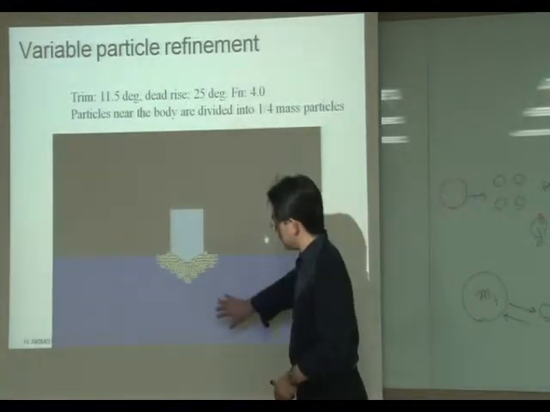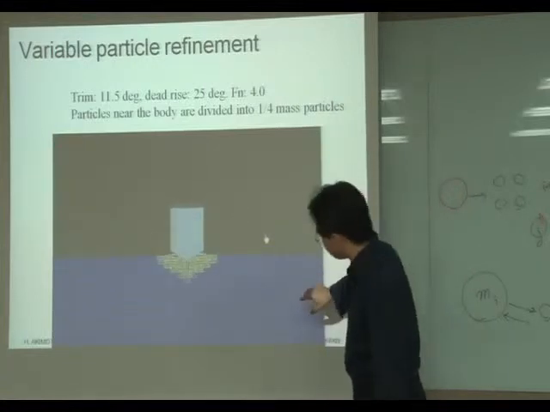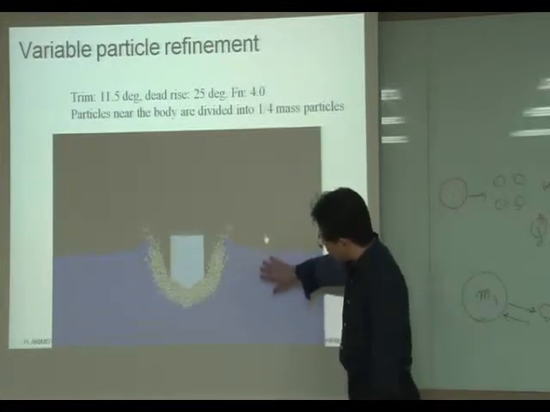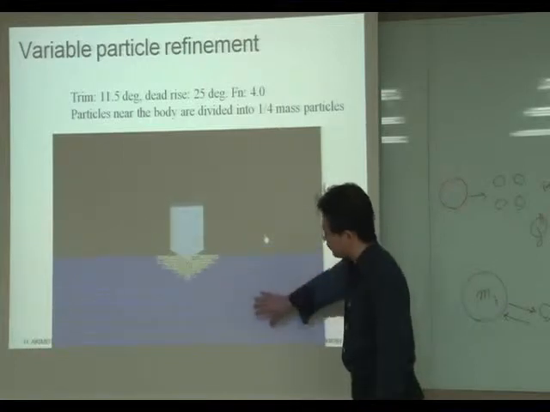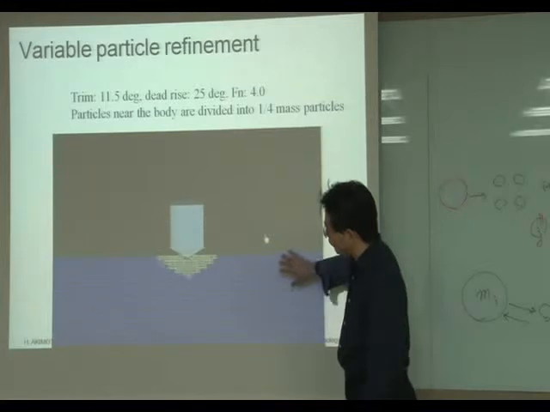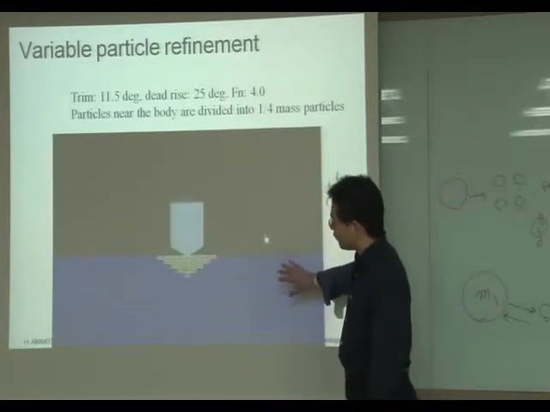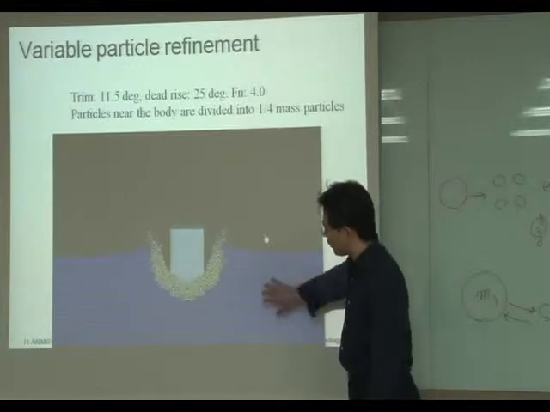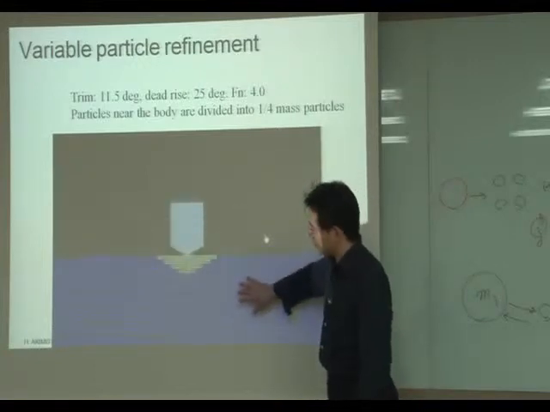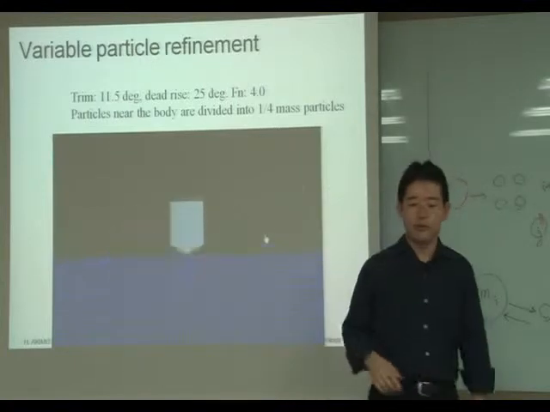In this case, the other part is in rough resolution because you cannot see any significant change of fluid position on this side. So it indicates we do not require higher resolution in this part far from the body surface.